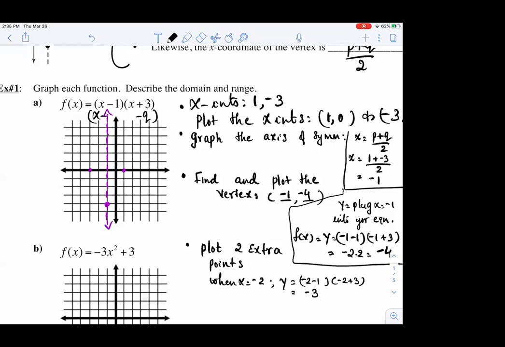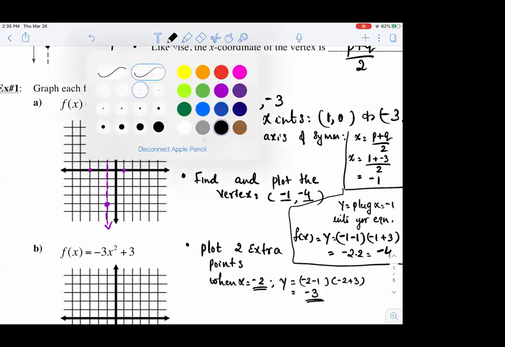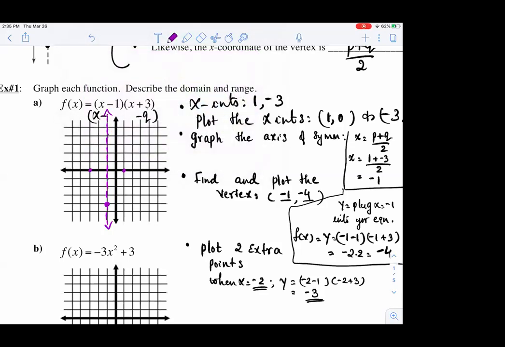So the extra point is -2 corresponds to -3. How do you get the other extra point? Flip it. Correct. You're going to reflect this new point across the line, which is the axis of symmetry. So that falls where? (0, -3). Correct. Now you guys have 5 points. That's good enough for graphing quadratic equations.